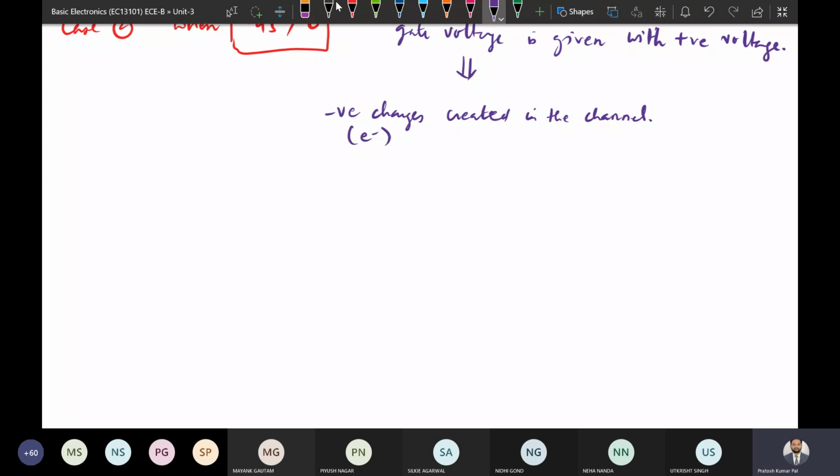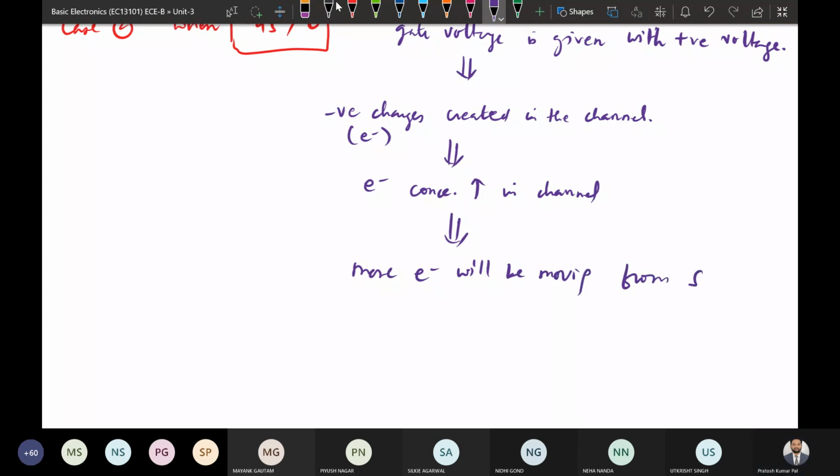So as the electrons are created in the channel, electron concentration increases in the channel. That means more electrons will be moving from source to drain.